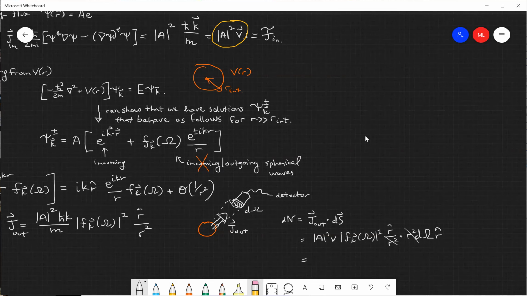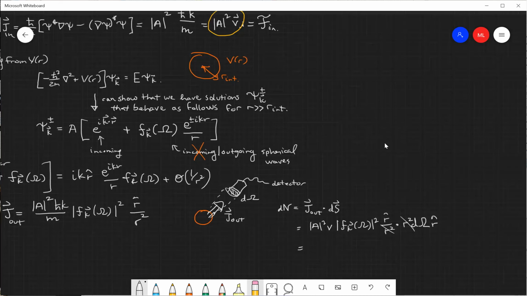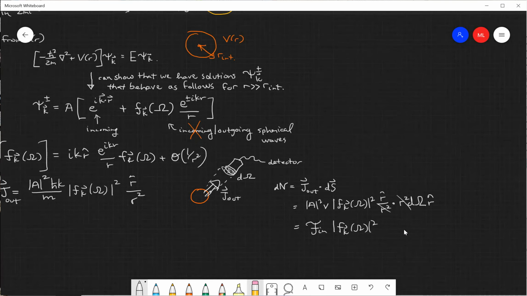You have to multiply by the total number of particles to get the actual number flux, but it's fine to not do that. Then this becomes the incoming flux times this function squared, and that's times d omega, right?